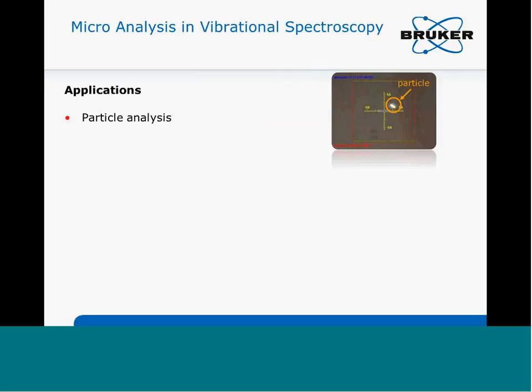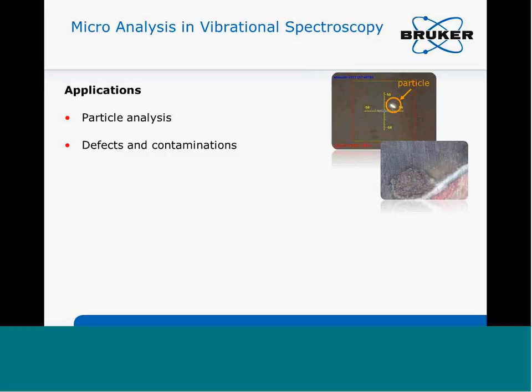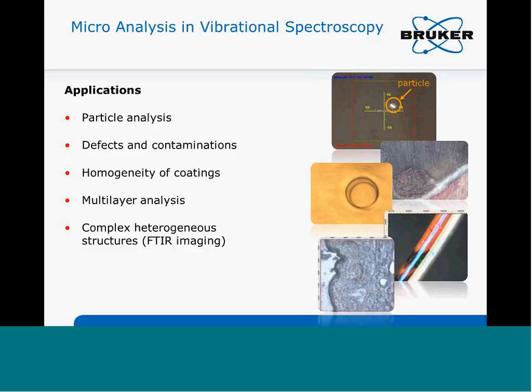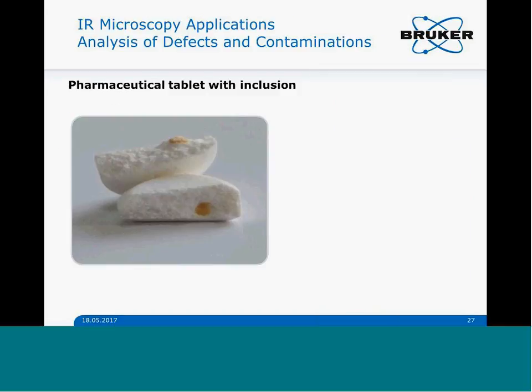Applications for such measurements are particle analysis, contamination in a product, variety of coatings analysis. If you have layers in films or your competitor's packaging material, you can figure out how many layers there are, and analyze heterogeneous structures.